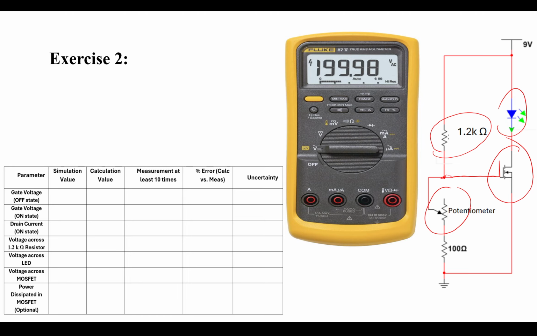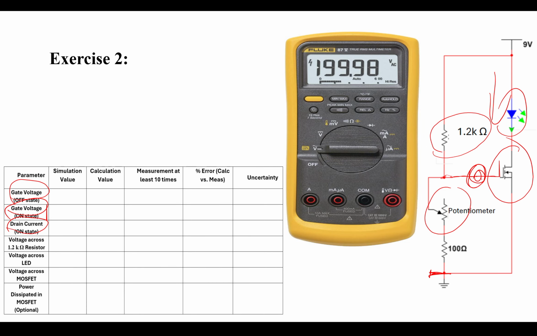So for both situations, LED on, LED off, you need to measure the voltage of the gate, okay, which is here. And when I say gate, it should be gate and ground. Okay, so it's basically gate and source. And then you have to measure the current that conducts here, current of the drain.